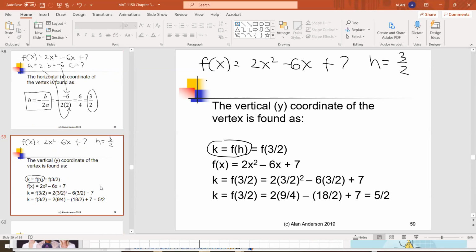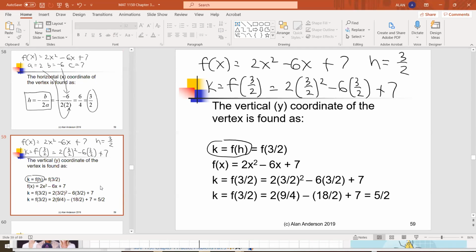So therefore, k is f of 3/2, 2 times 3/2 squared minus 6 times 3/2 plus 7. And you can see I've done that down here already, and then I evaluated it, and I ended up with 5/2. So we know that h is 3/2, k is 5/2, and that just confirms what Symbolab told us.